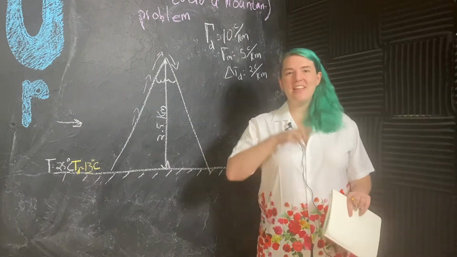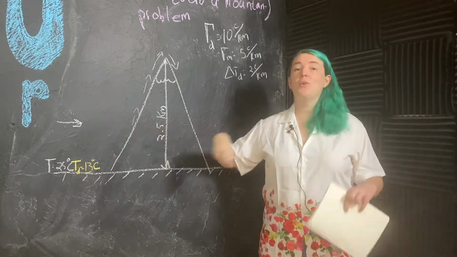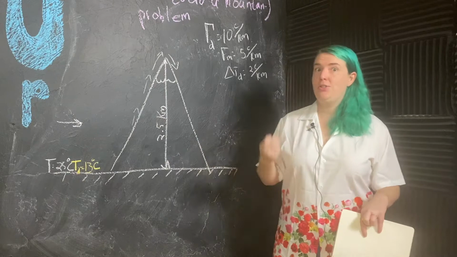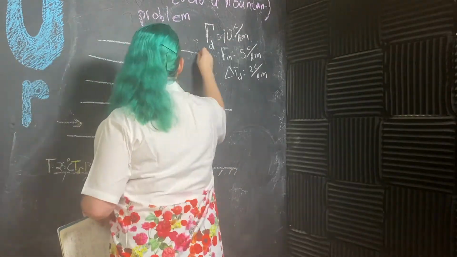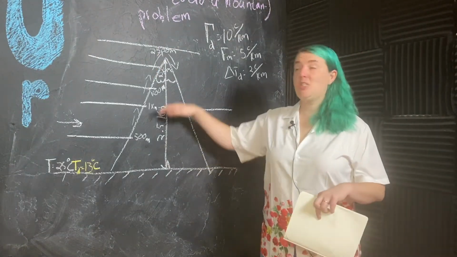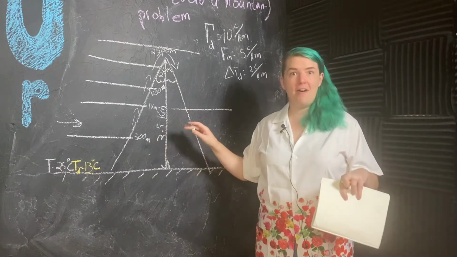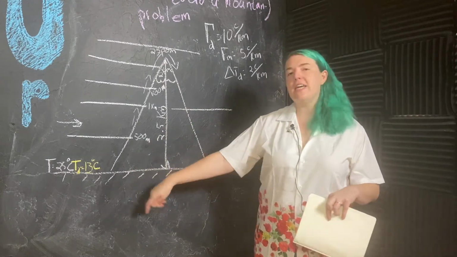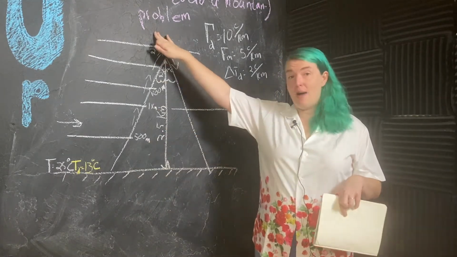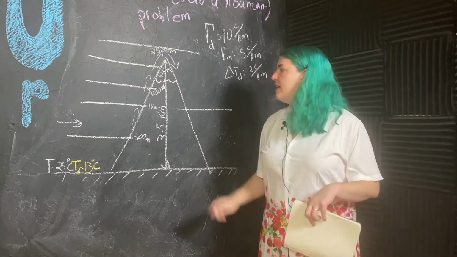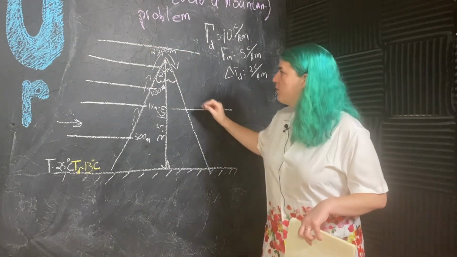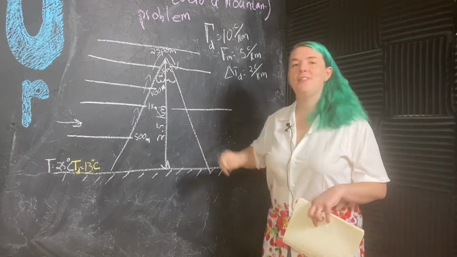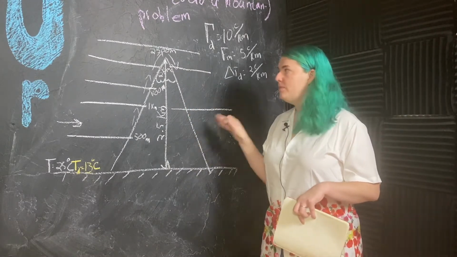Last thing I'm going to do is mark some specific heights where we're going to be interested in temperature and dew point. Forgive me, I didn't space my lines out quite enough, I guess, but I marked every 500 meters going up the mountain, and then we'll bring that over to this side of the mountain.